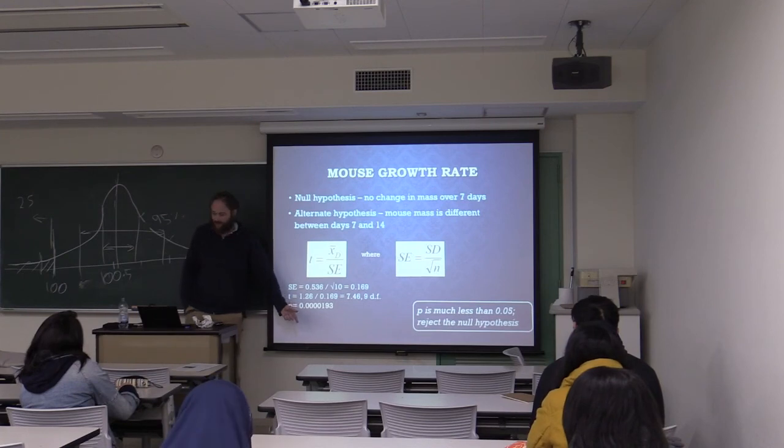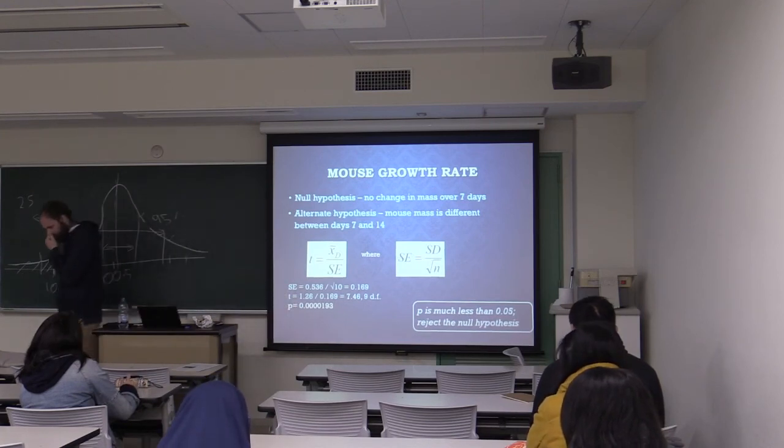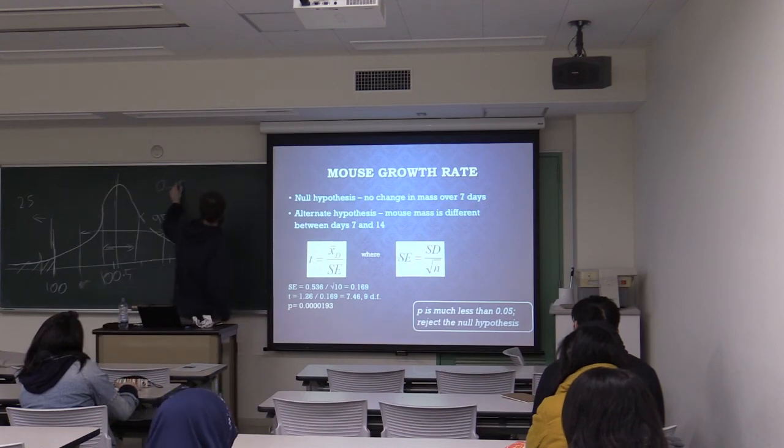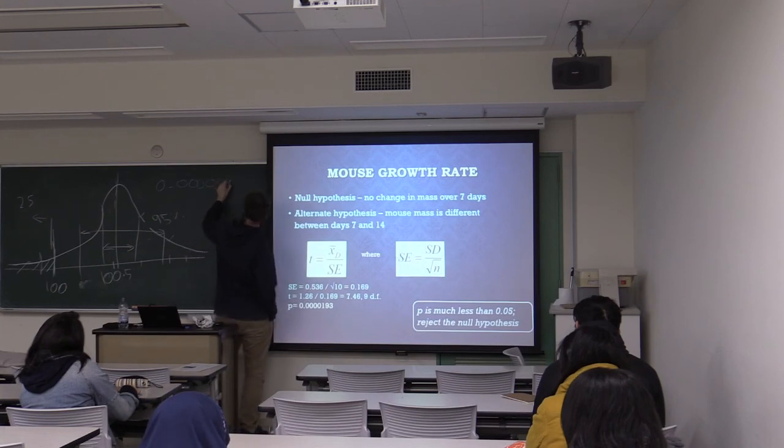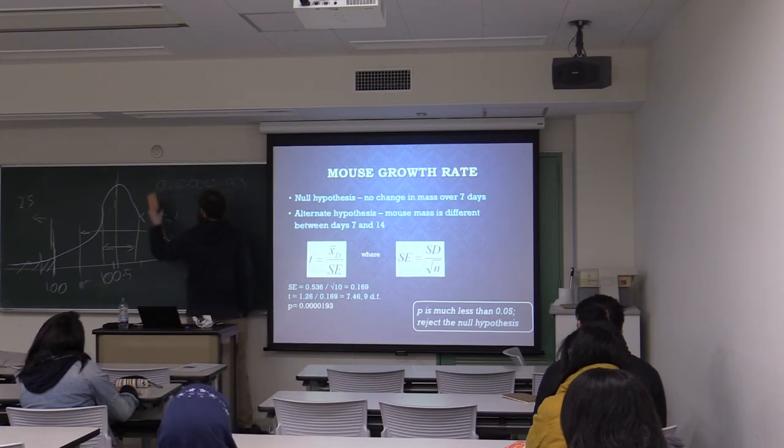So actually, write that 0.0000193. We'll get rid of the first two places there.